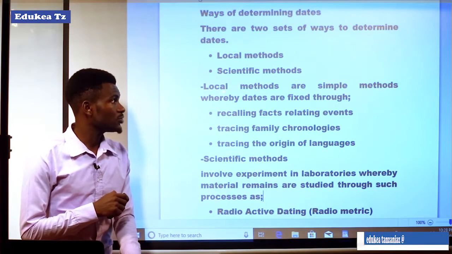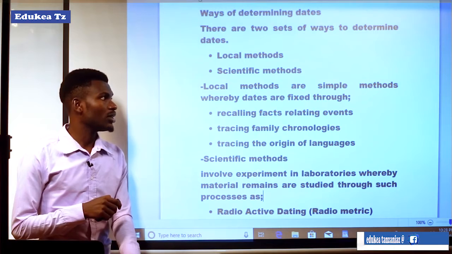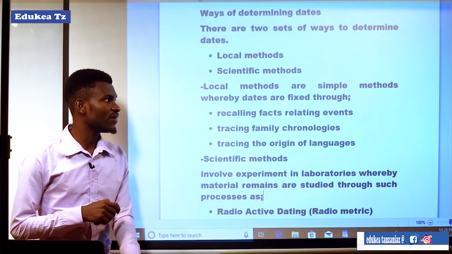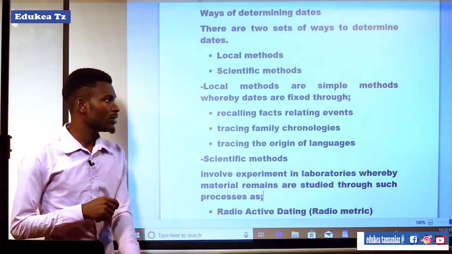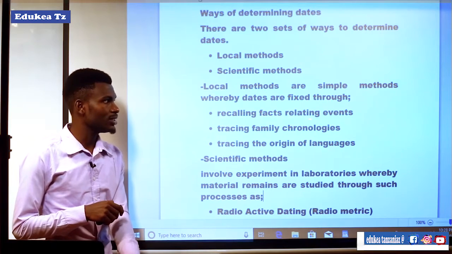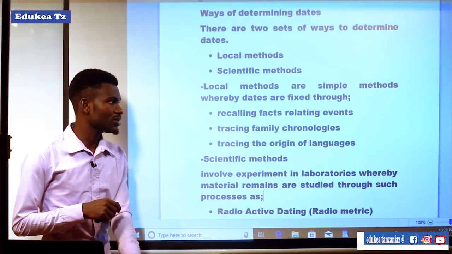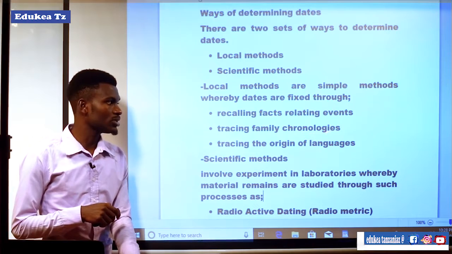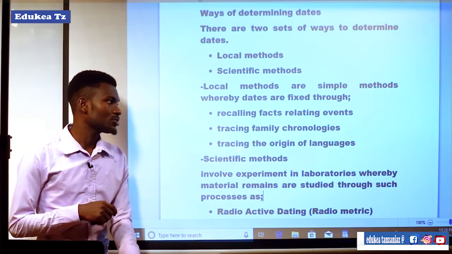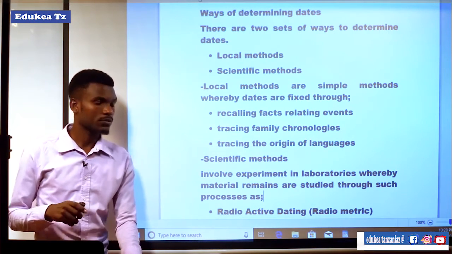We are going to start with local methods, which are the simple methods whereby dates are fixed through, first, recording facts relating to events. Second, tracing family chronologies. And the third one is tracing the origin of language.